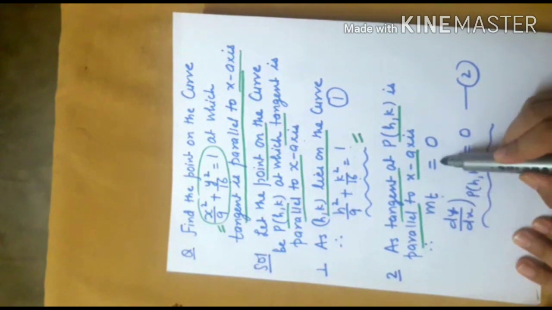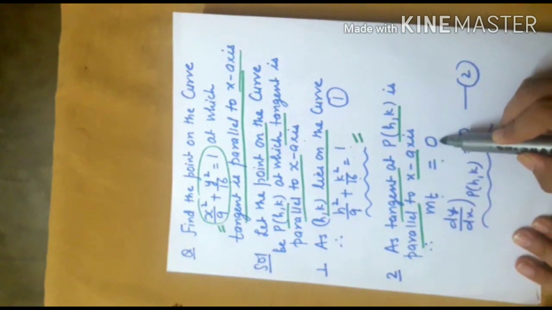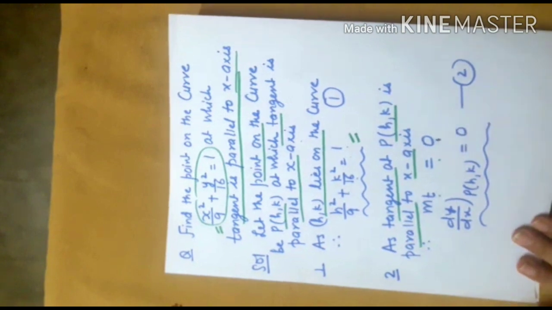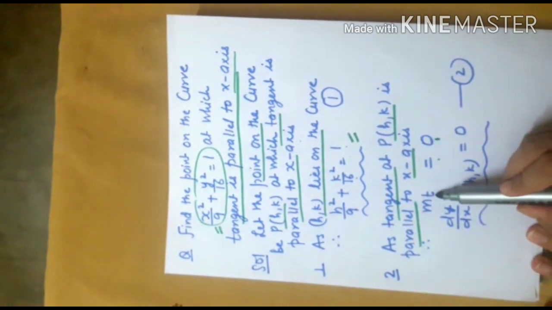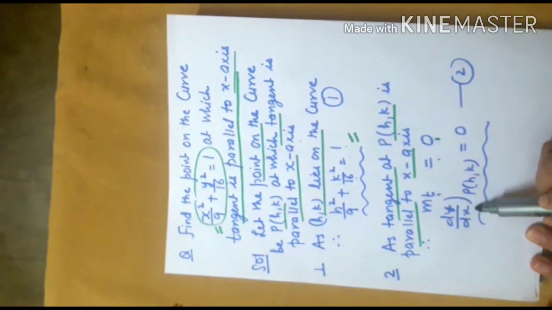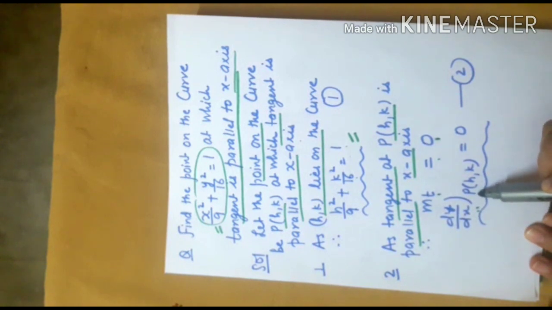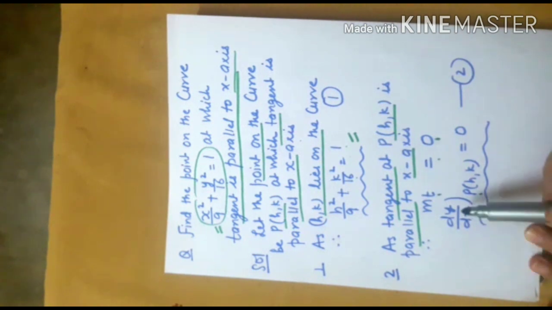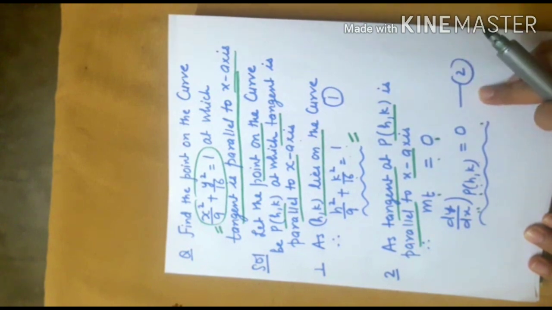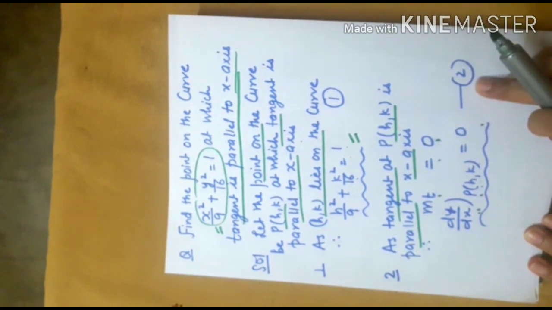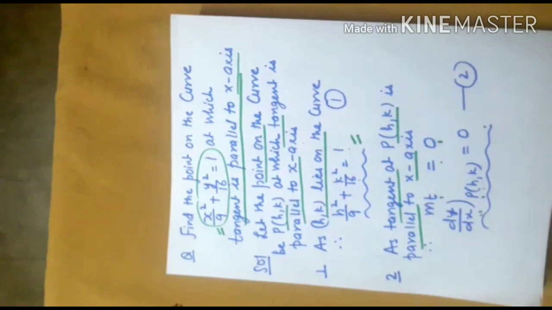So slope of the tangent is equal to 0. And from the study of derivatives, we know that slope of the tangent is given by derivative of the function at that point. So, derivative of the function at the point P(h, k) is 0. This is our second relation.